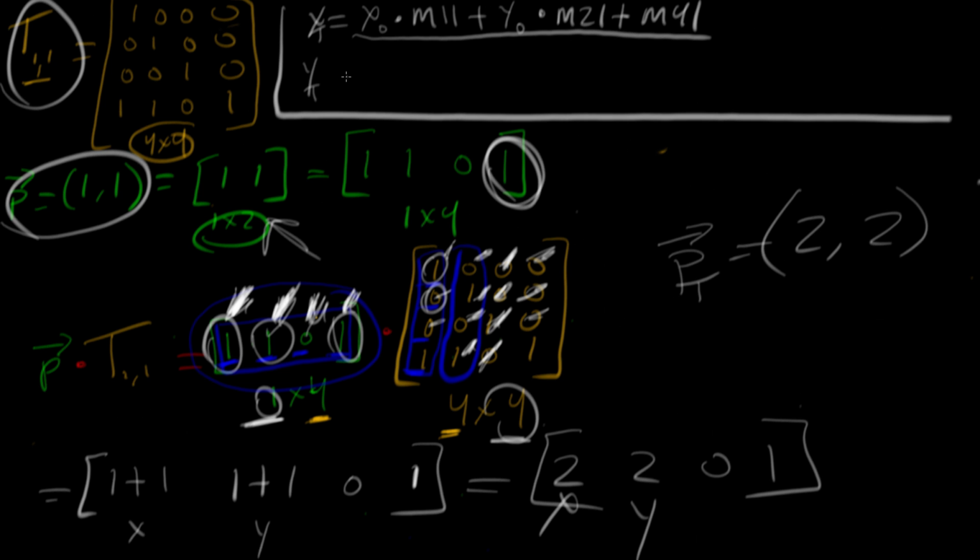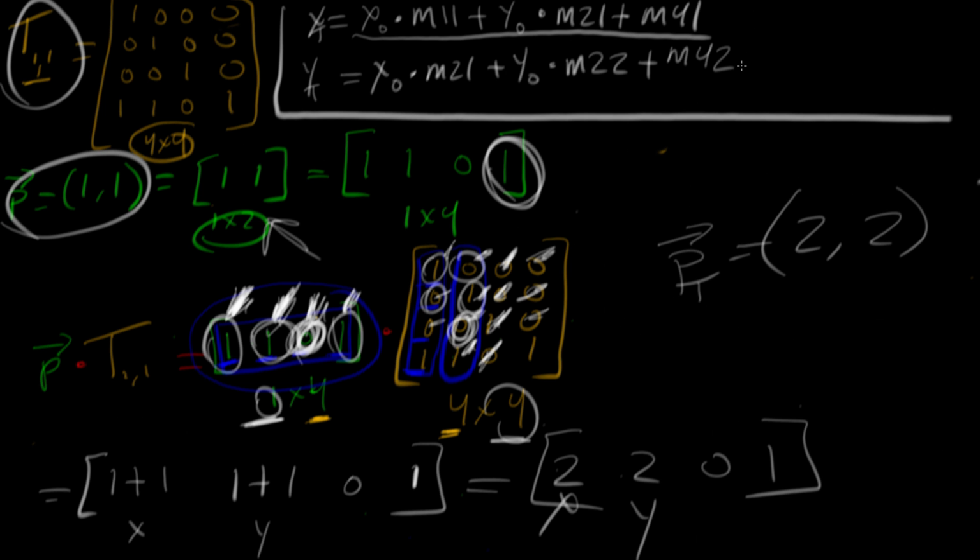Y translated is equal to x original times m21, which is here, plus y original, which is here again, times m22, which is here, plus, that's always going to be 0, so that will be 0. And the last one is 1 by 1 as well, so that's just going to be plus m42.